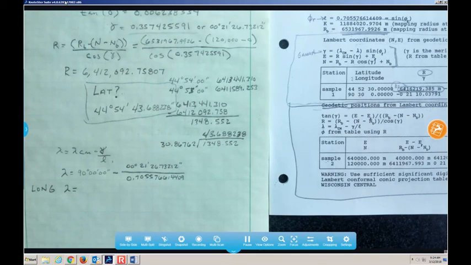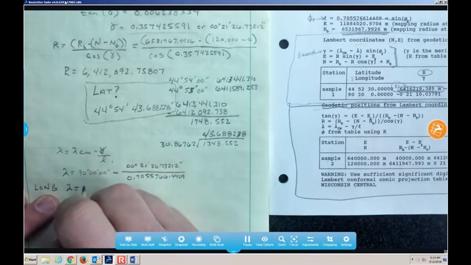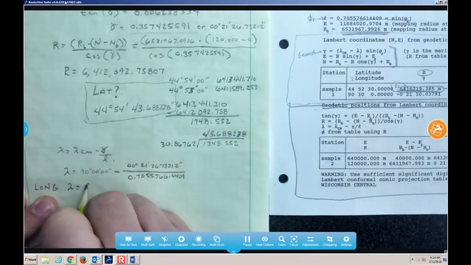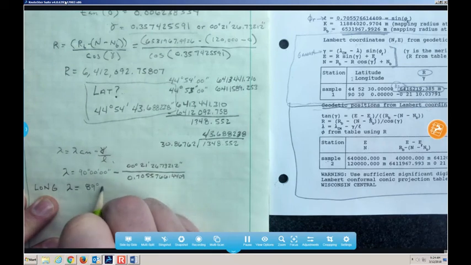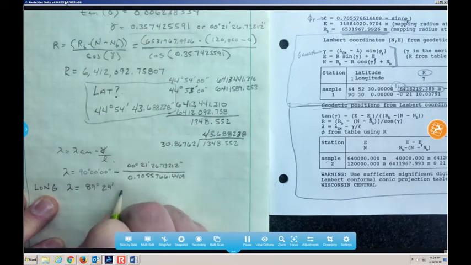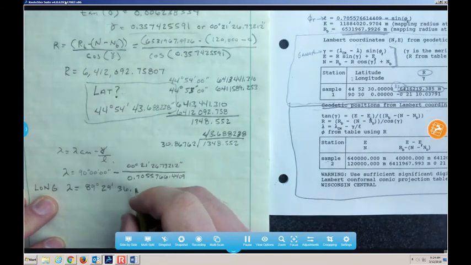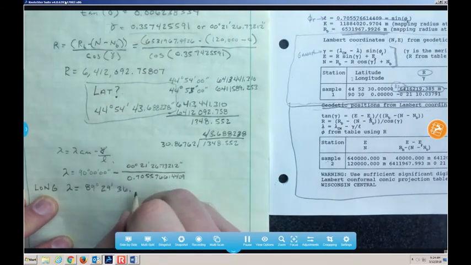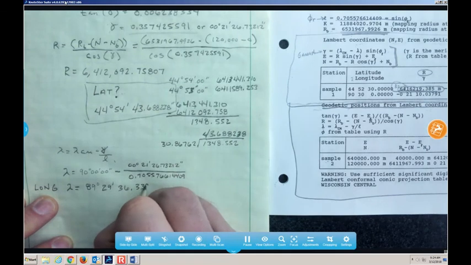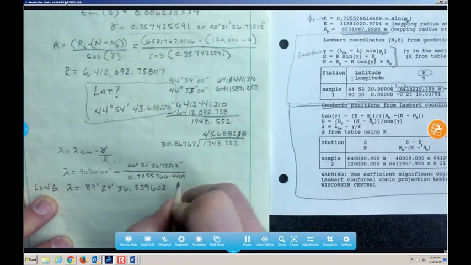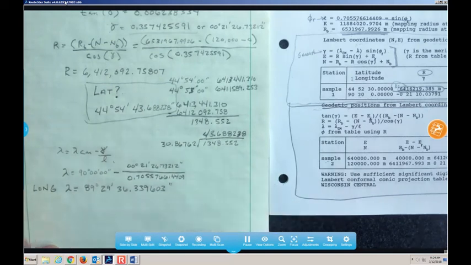I have 89 degrees and 29 minutes, 36.3 seconds. Carry them out as far as you can: 89 degrees, 29 minutes, 36.39603 seconds.